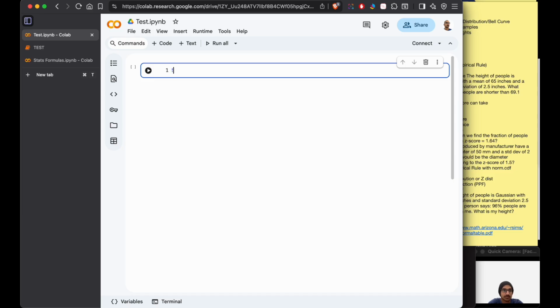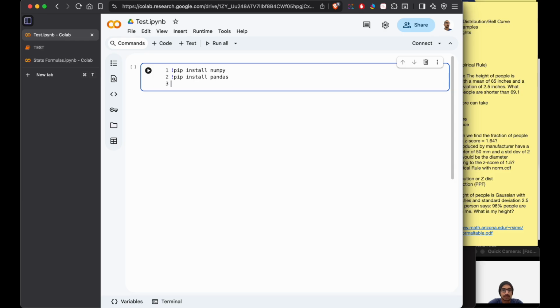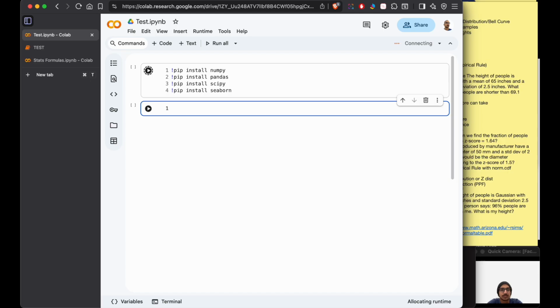So again, we'll do our usual ceremony: pip install numpy, I already have these, pip install pandas, pip install scipy, pip install seaborn. I think that should be sufficient.